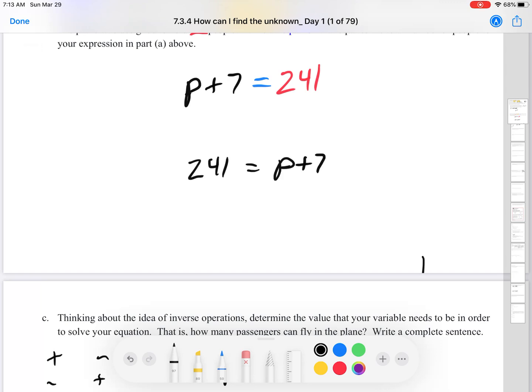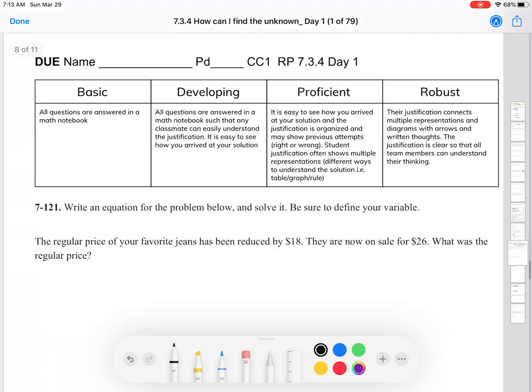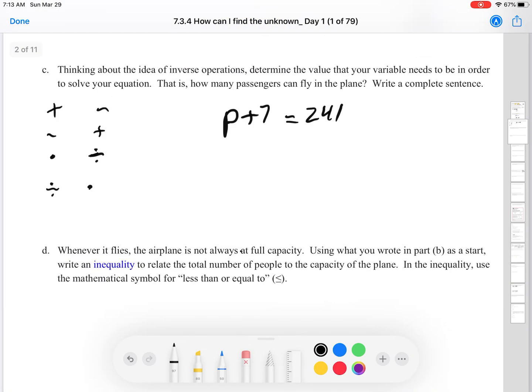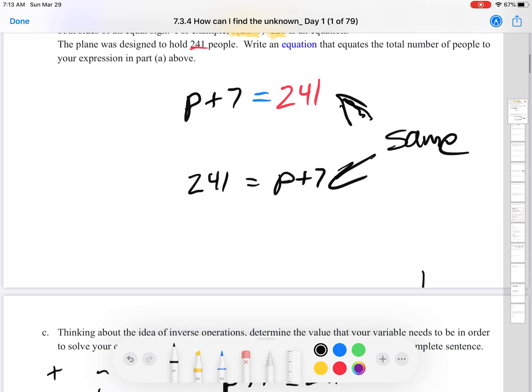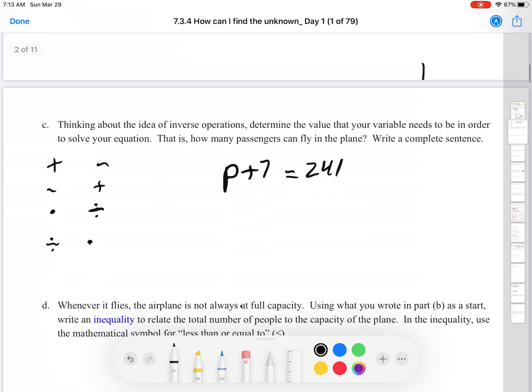It is the same thing. That's the same, and you can do it both ways. So P plus 7 equals 241.